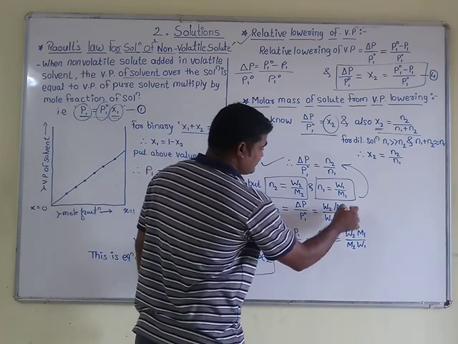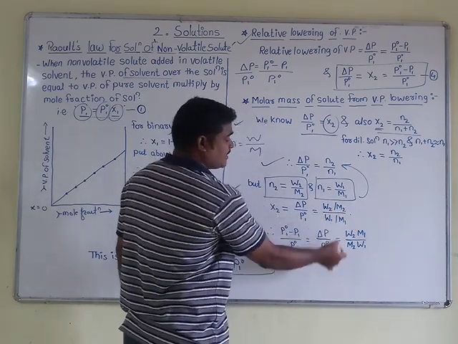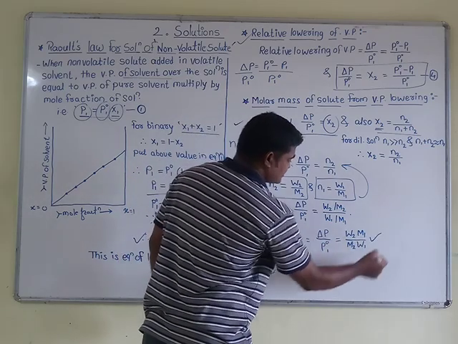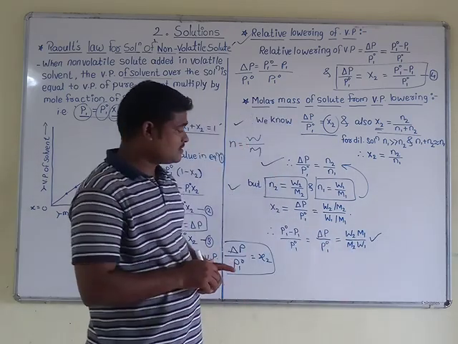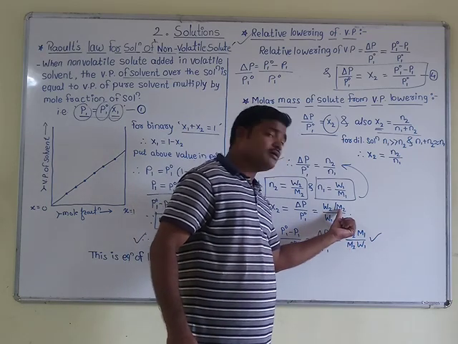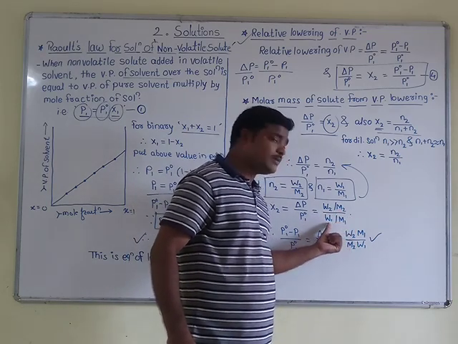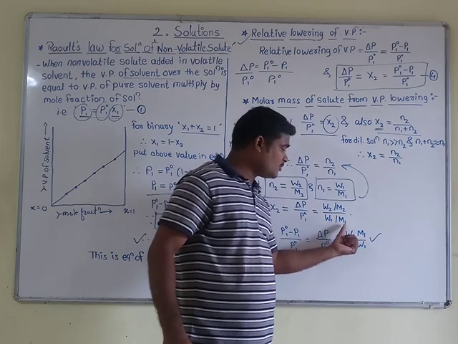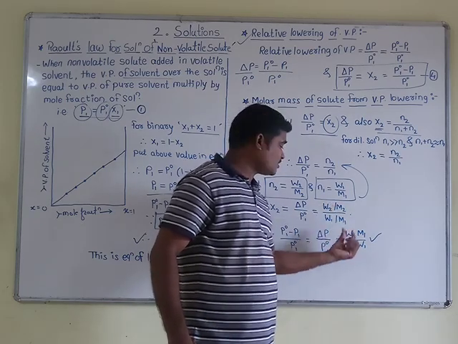Then we rearranged it in the next equation: the denominator term M2 will multiply here, and the denominator of the denominator goes to the numerator.